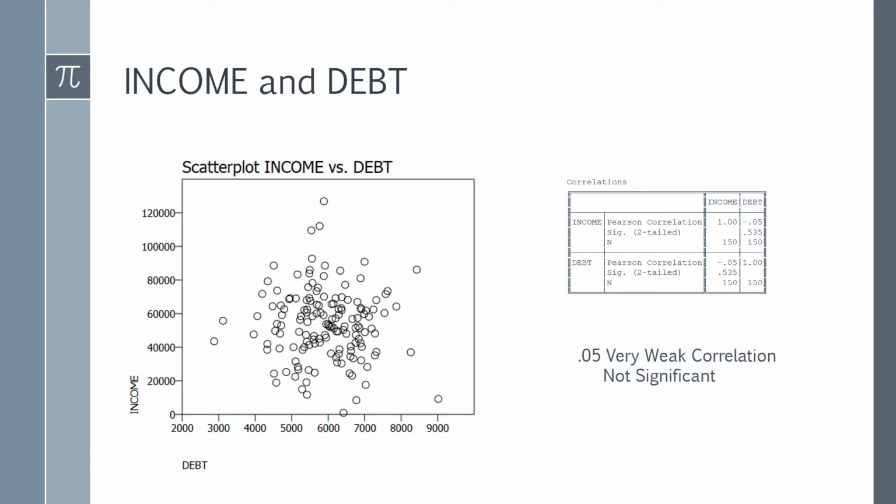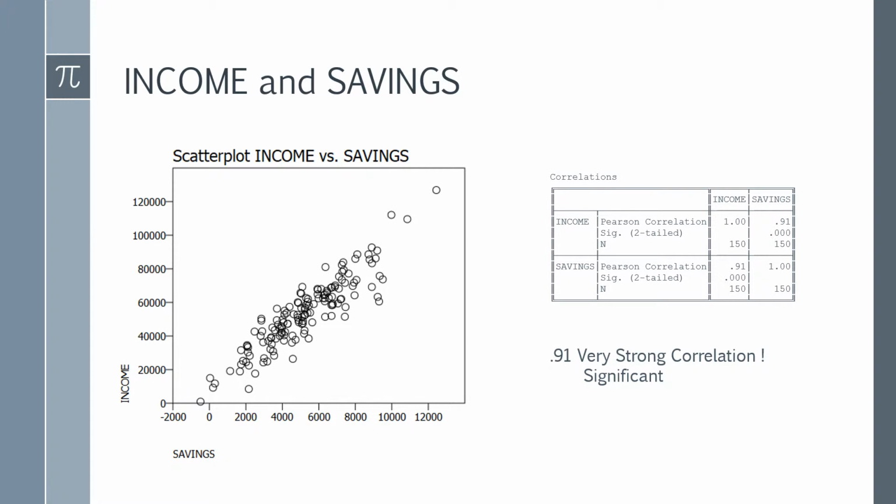That means it's a very weak correlation and is not significant. When we analyze the variables income and savings in the PSPP software, we found a 0.91 correlation. This is a very strong correlation and also is a significant correlation.